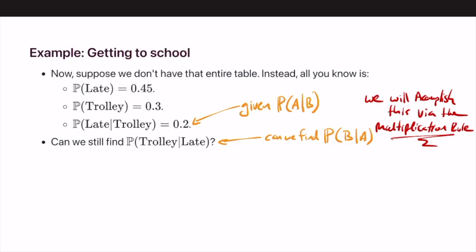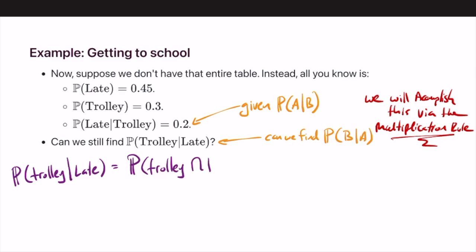Okay, so we want the probability of taking the trolley given that we were late, which is going to be in the form of the probability of taking the trolley and being late over the total probability of being late.